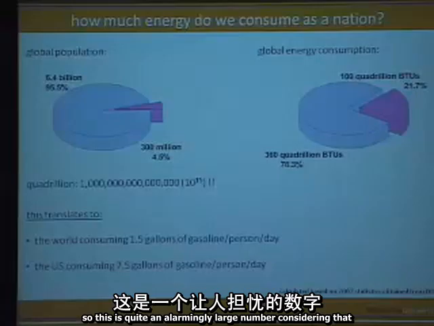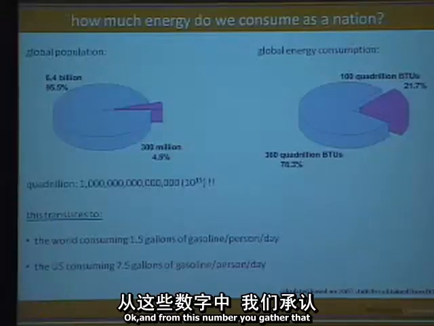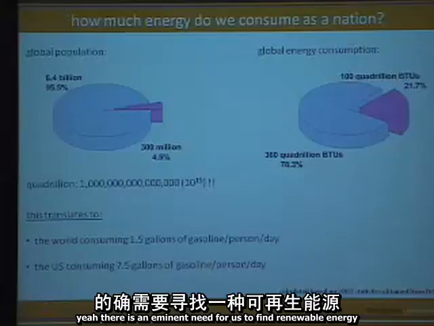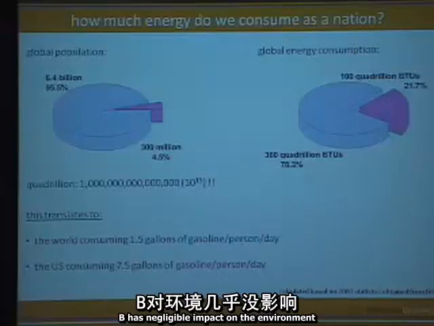So this is quite an alarmingly large number, considering that we probably don't even drink a gallon of water per person per day. Okay? And from this number, you'd gather that there is an imminent need for us to find renewable energy that is A, sustainable, B, has negligible impact on the environment.